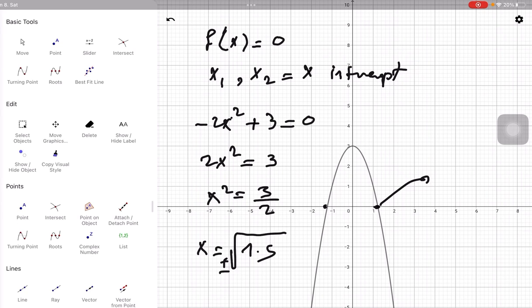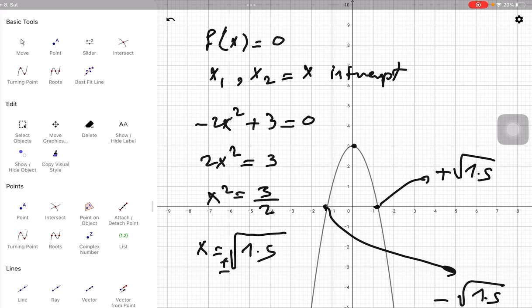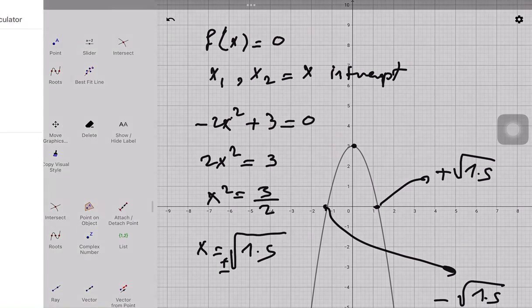This point is positive radical 1.5, and this point is negative radical 1.5. As you see, these are the x-intercepts, and the y-intercept is when x equals 0, but here it is the same as the maximum. It's very easy and understandable.